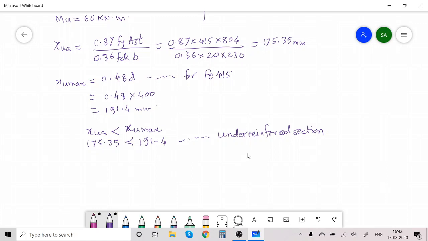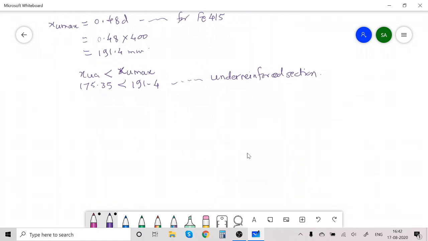Now to calculate actual stresses in steel and concrete, what I will do, I will equate Mu is equal to Tu into Z. Mu is given as 60 into 10 raised to 6. It is in now Newton mm. The given Mu is in kilonewton meter.